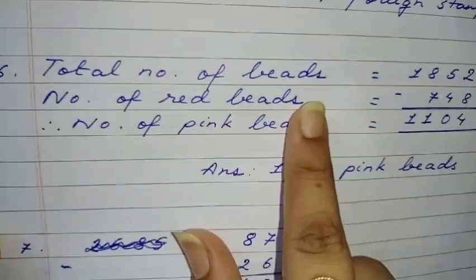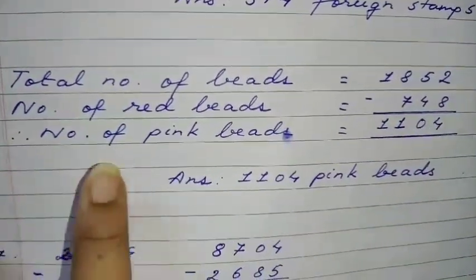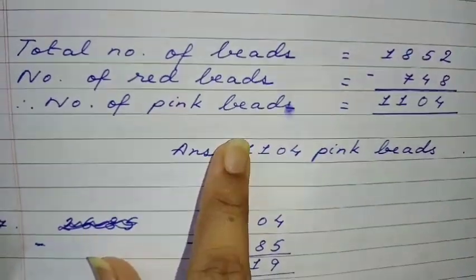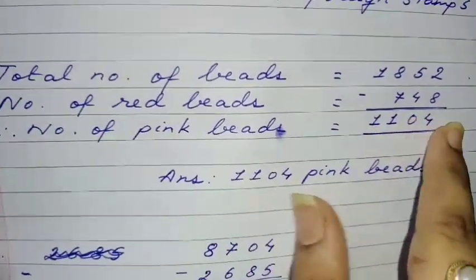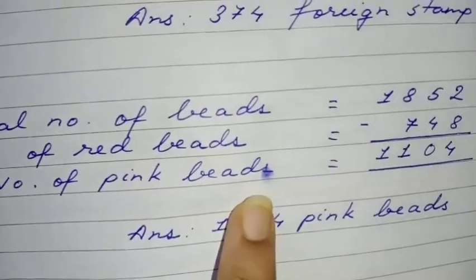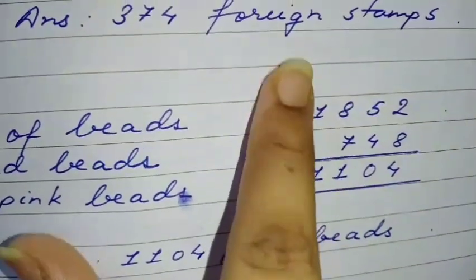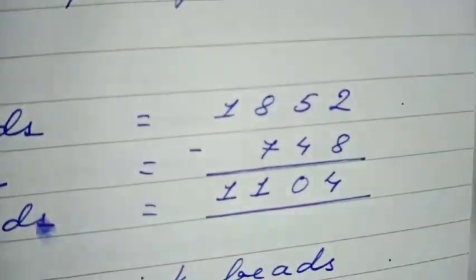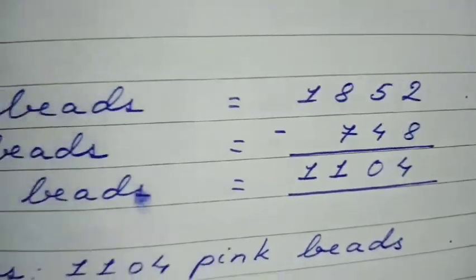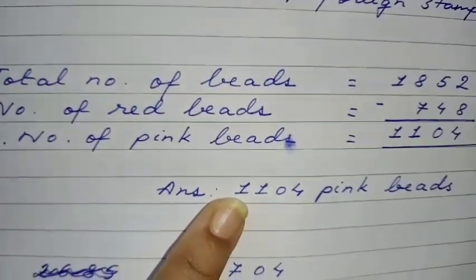So let's see. Total number of beads 1852. Number of red beads equal to 748. Therefore, number of pink beads equal to 1104. You will subtract this too. Total number of beads, number of red beads, therefore number of pink beads.